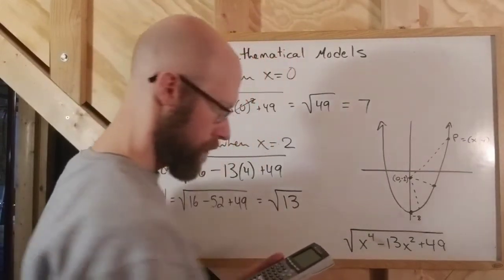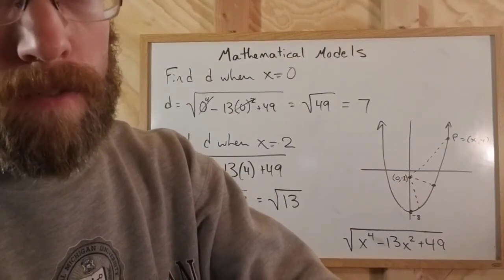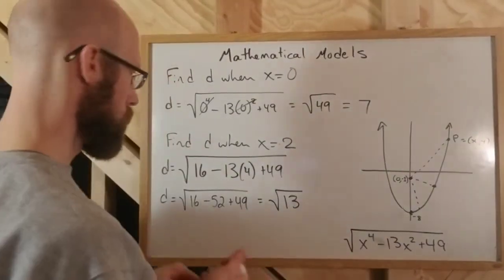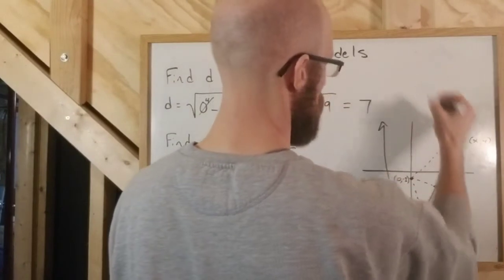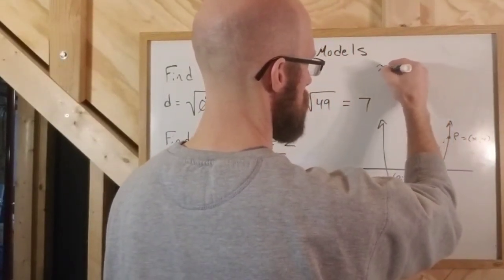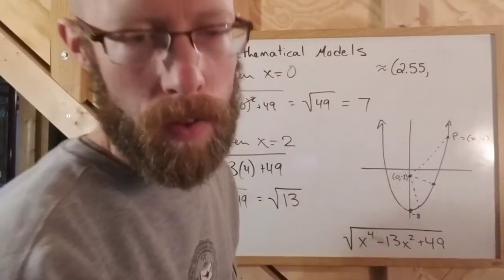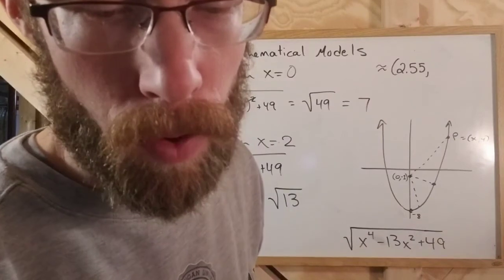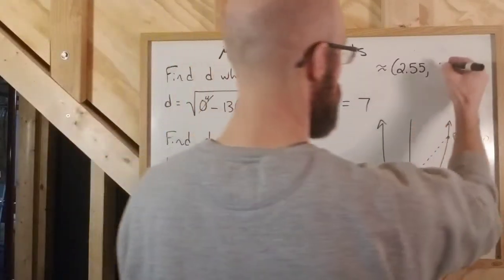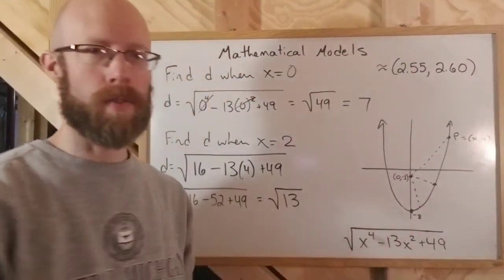And I get a point at about 2.55, roughly. So the point that has the shortest distance is approximately 2.55 comma 2.60. Okay, so right around there.